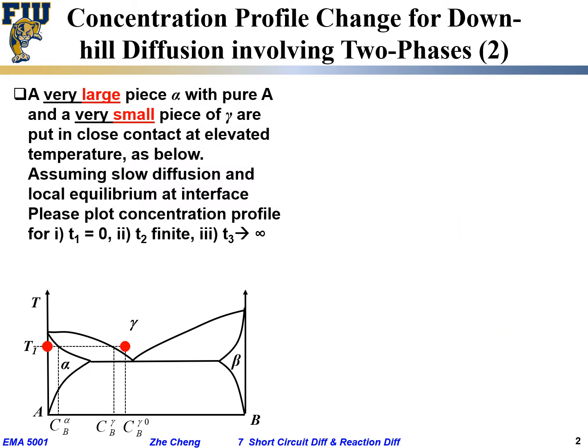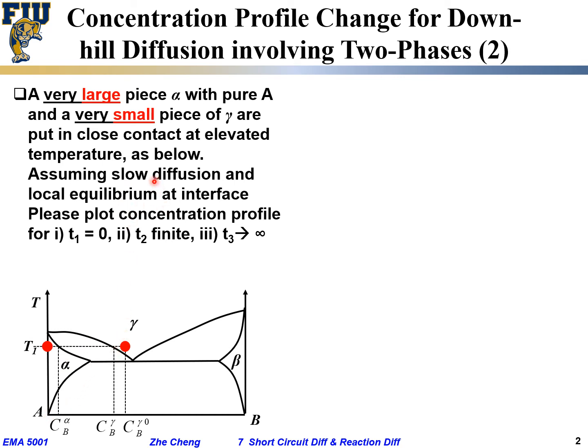Now let's look at a similar scenario, but slightly different. We said we put a very large piece of A and a very small piece of gamma. A large piece of pure A, a small piece of gamma together.